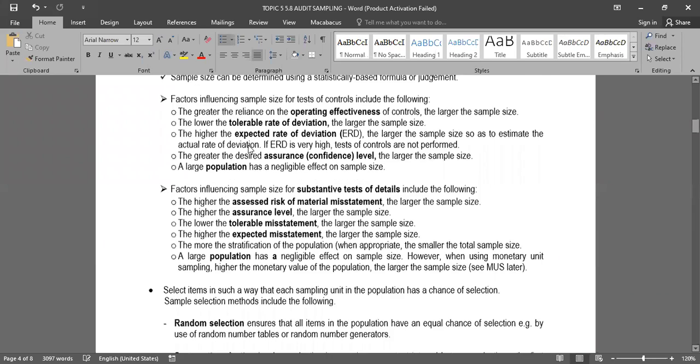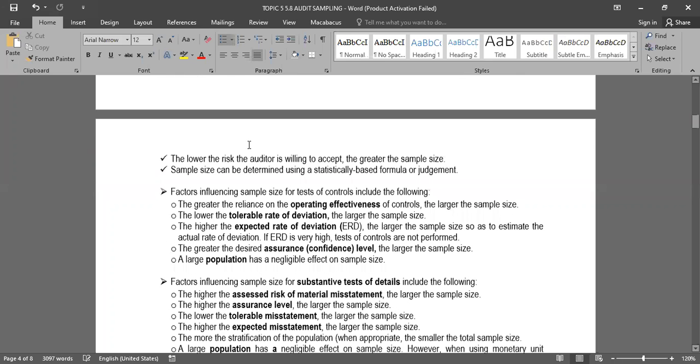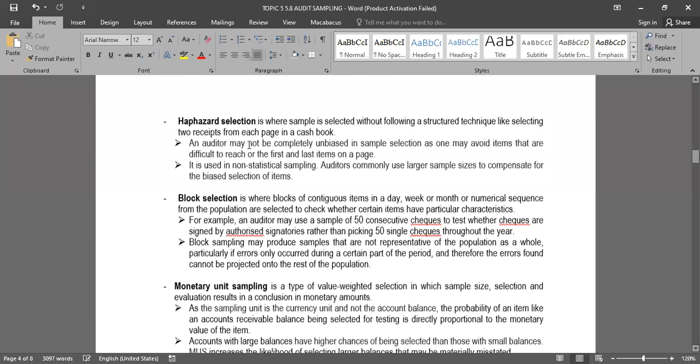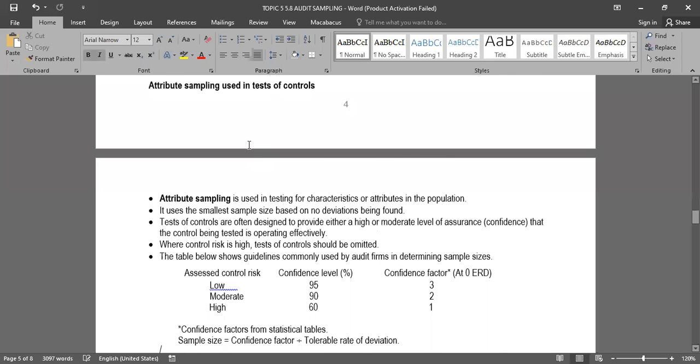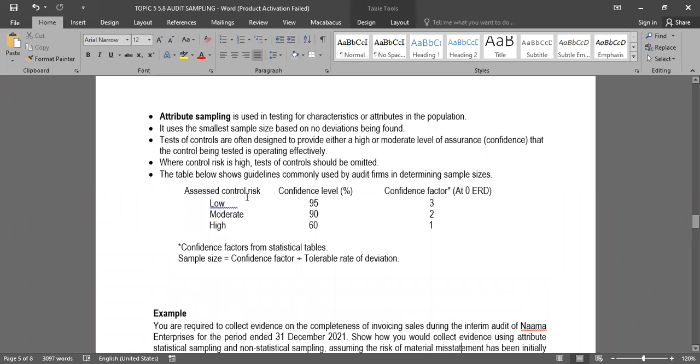There's a table like this one, for example, assessed control risk, but the other one had assessed material misstatement risk.